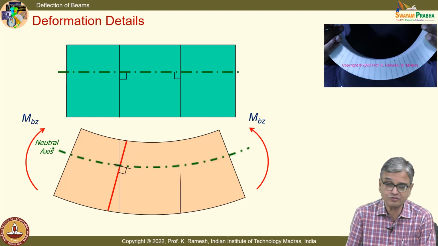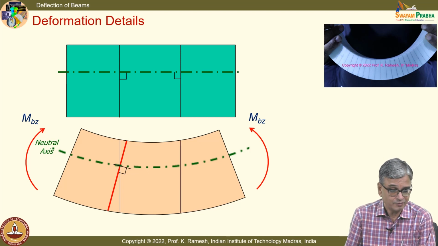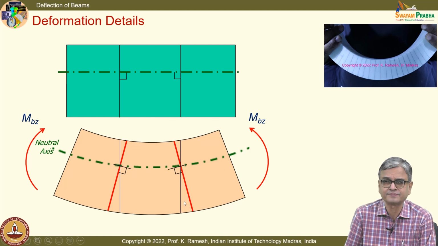And I have said there is also a Timoshenko beam, which will accommodate the effect of shear. We are confining our attention to the Bernoulli beam. You make a sketch and draw this as perpendicular. So, these lines just get rotated.